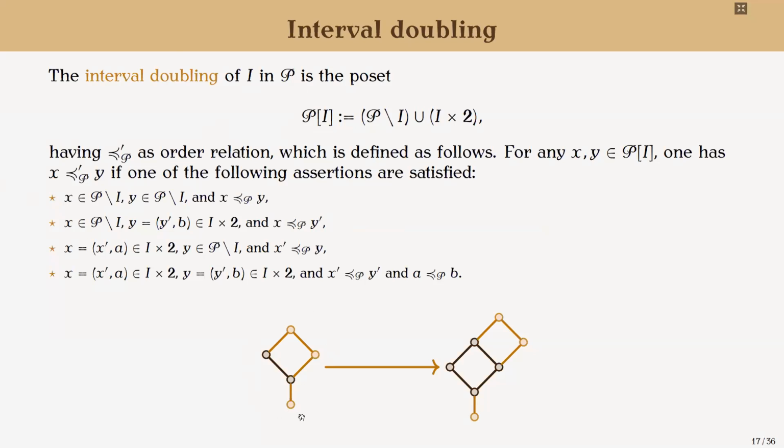When you take a poset, for instance, here I draw this poset P, if we want to double one interval, for instance this one in black, we have to give a new order inherited from the order of P. So we have to follow these four assertions.